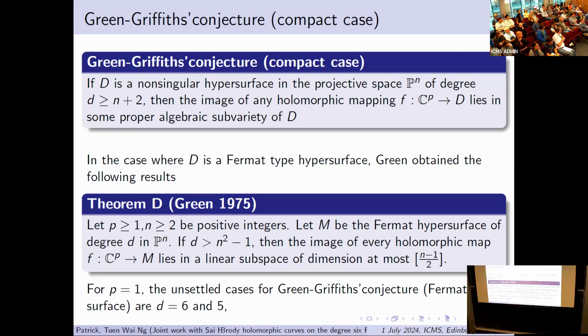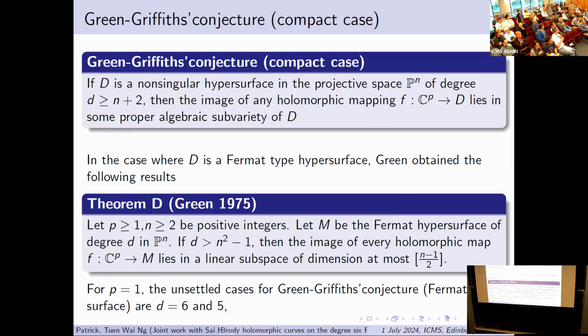No one knows how. For 2, 3, and 4, it gets very confusing. But if you want to confirm this conjecture for the Fermat surface, you also need to study the case when d is equal to 5.